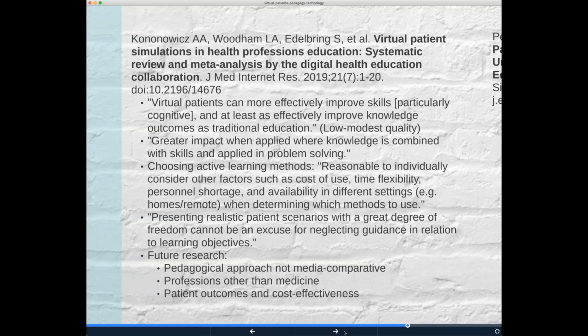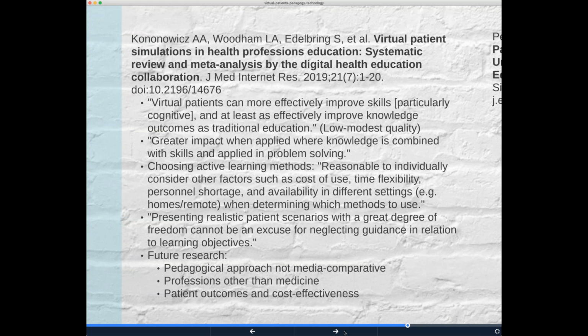These authors also identify some areas for future research. They note that a lot of the previous research is media comparative, meaning we're going to compare learning videos to learning with still photos, or we're going to compare a 3D avatar to a real patient video. And a lot of those studies aren't terribly informative, because when you change the media, you fundamentally change the way the learners interact with it.